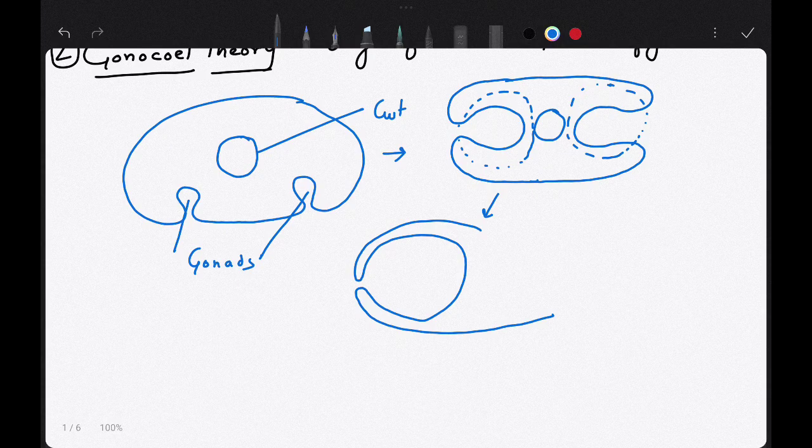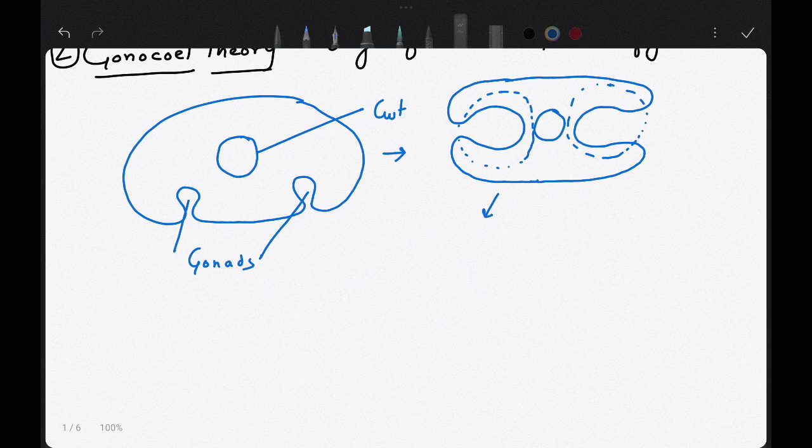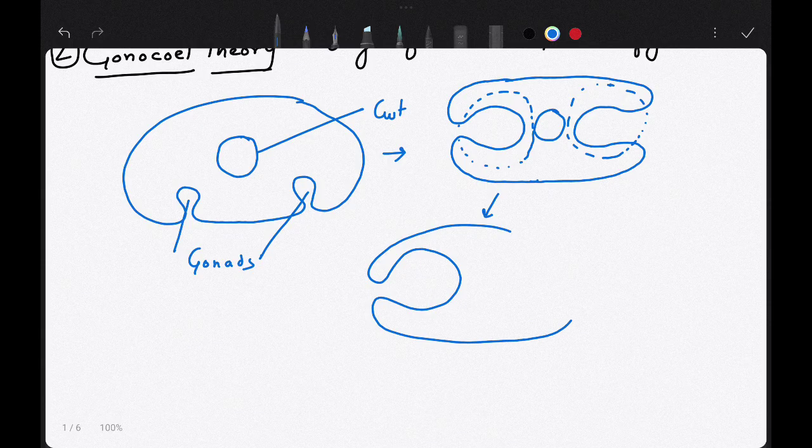Now how is it formed? So this is the gut, and this is surrounded by the coelomic cavity. Okay, so this is the coelom.